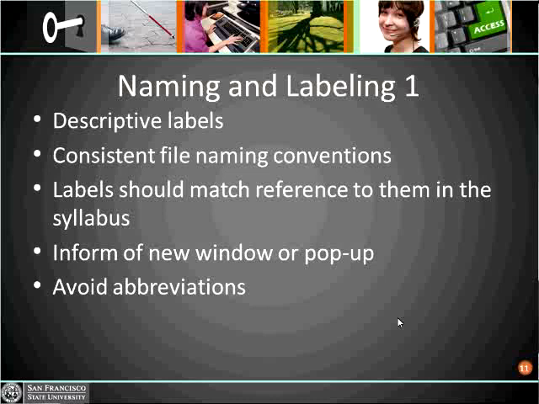They can do that search for links in your Moodle course, because that's what they're going to be listening for: keywords, and also looking at your syllabus, looking for keywords in the learning management system. Also inform your students of any new windows or pop-ups when you're linking to URLs, and avoid abbreviations. That way it's spelled out and they don't make mistakes when they're searching for something.